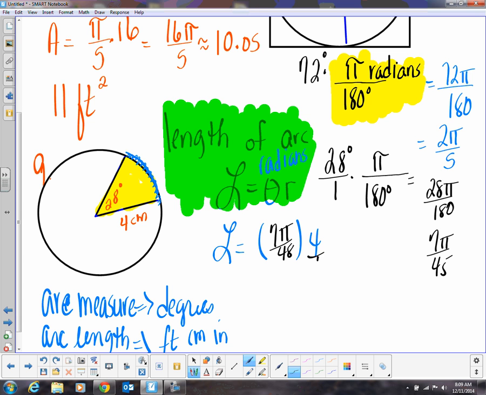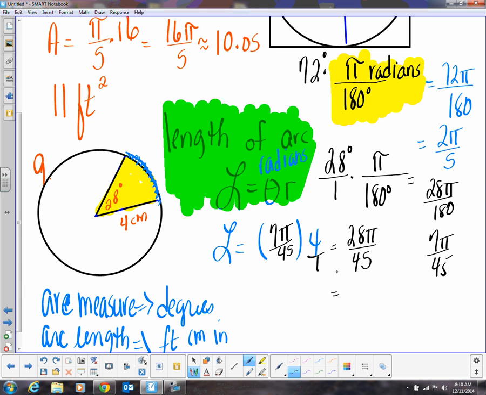This is 4 over 1. So that's going to be 28 pi over 45. Right there, I reduced that fraction.